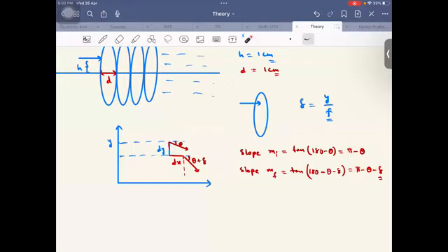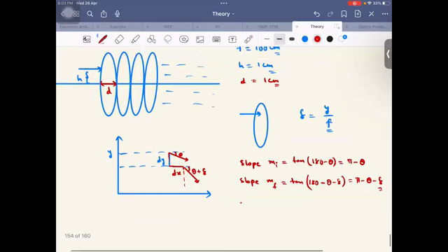Now for this small length dx, try to understand, this is very, very important. Can I find how many lenses there will be in dx length? Thickness of each lens is 1 centimeter.